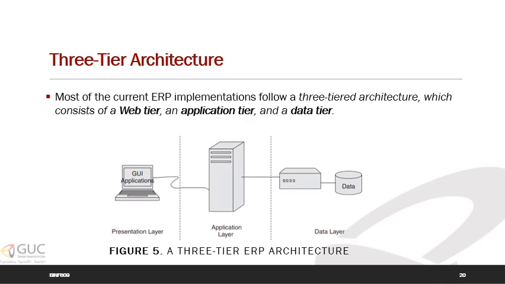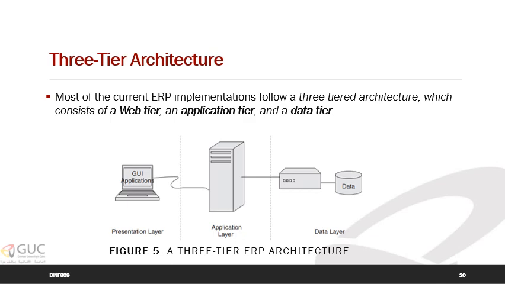The three-tiered architecture is composed of 3 layers: presentation, application, and database, as shown in the figure. Most current ERP implementations follow the three-tiered architecture. Segmentation of these tiers allows the system to be more scalable and reduces resource utilization.